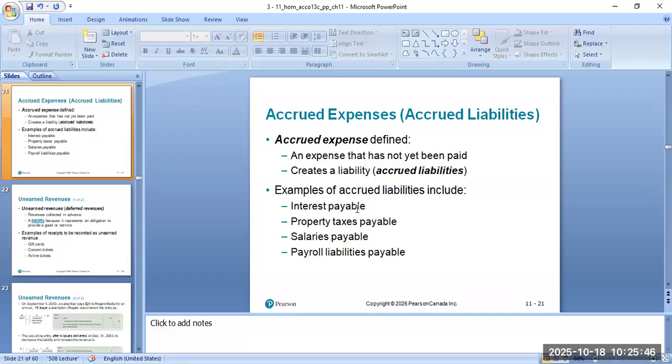That's why we're accruing the interest payable, property tax payable, salary payable, and any payroll liabilities related to the Canada Pension Plan, employment insurance or extended health for the employees, or vacation payable, which we owe to our employees at the reporting date.